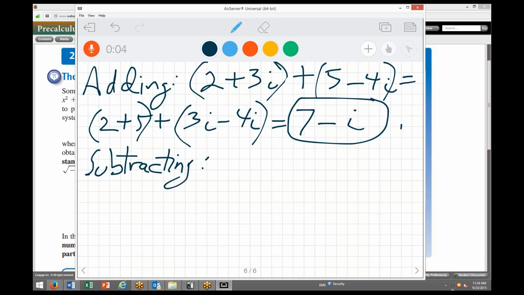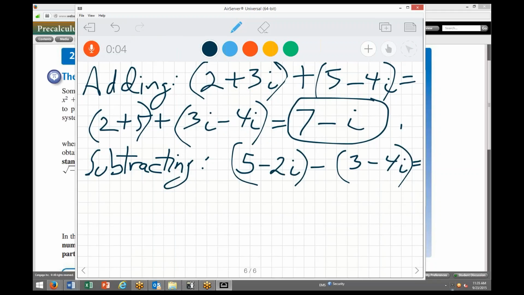Let's pick, for instance, 5 minus 2i minus 3 minus 4i.